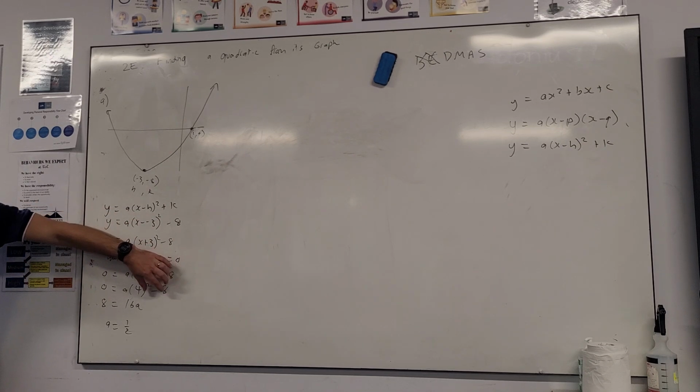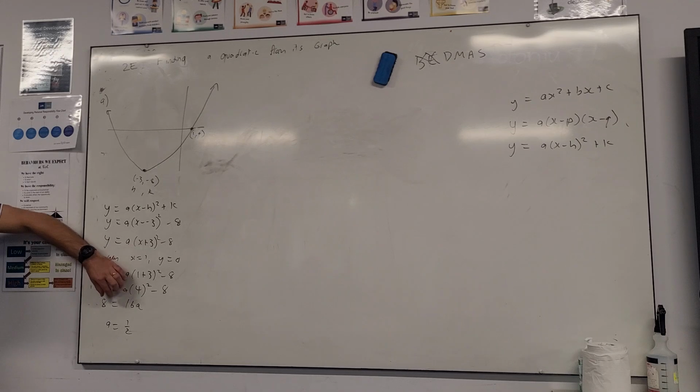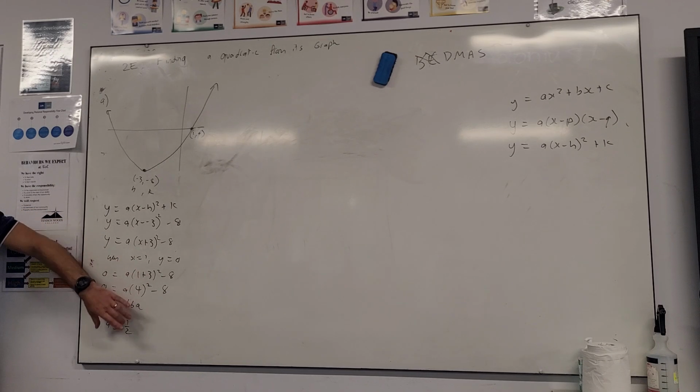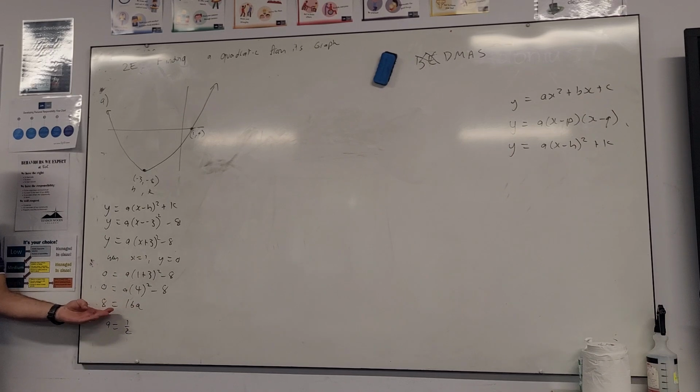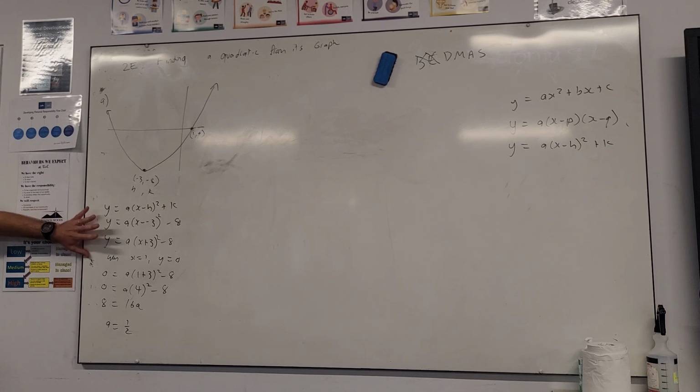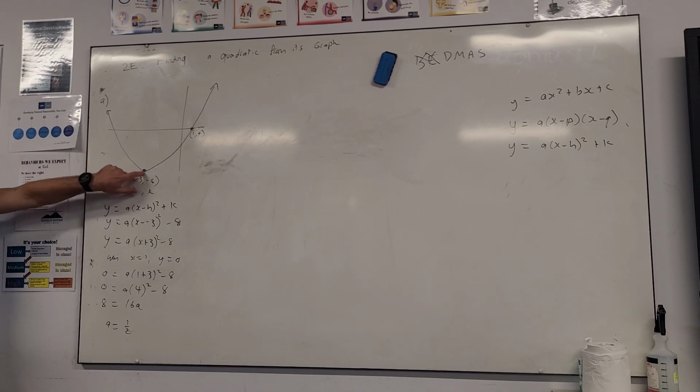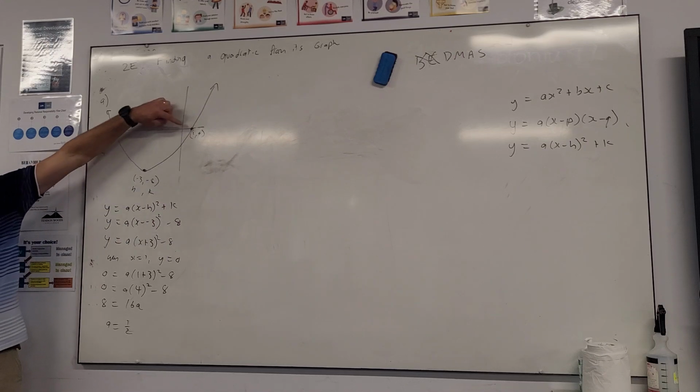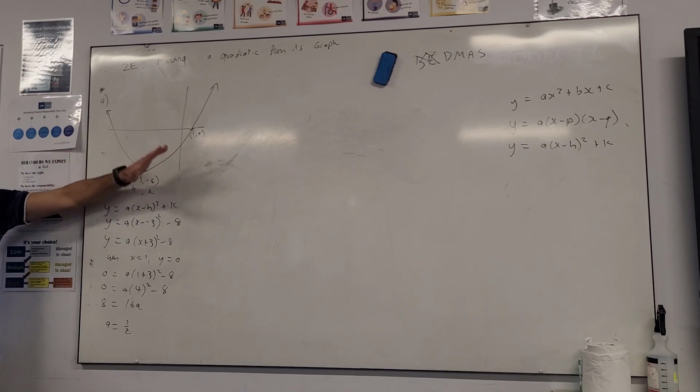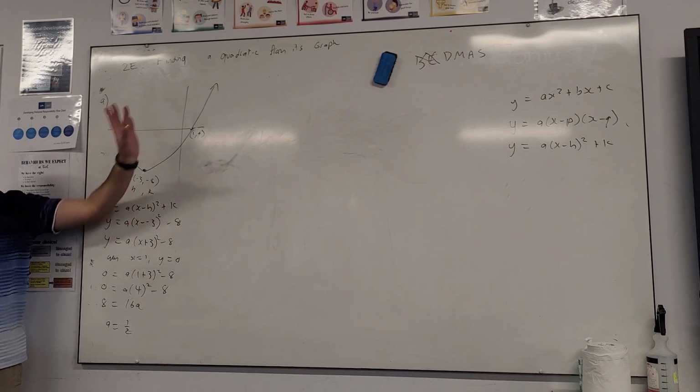Here I've added 8 to both sides. So I've got 8 is equal to 16a, and the only value of a that makes that true is positive half. I've divided both sides by 16. 8 divided by 16 is the same as 1 over 2. Okay, so that's using the completed square method, right? We started with the vertex, we put it in vertex form, and then we used this other piece of information. Okay, done. And then we can expand it.